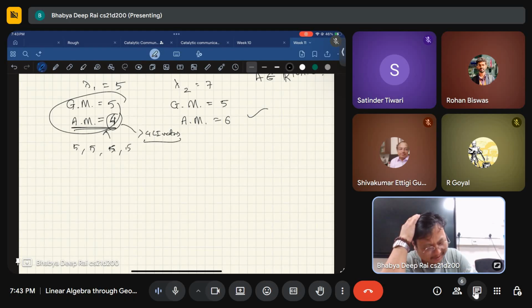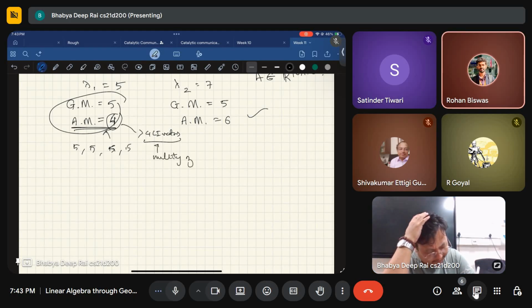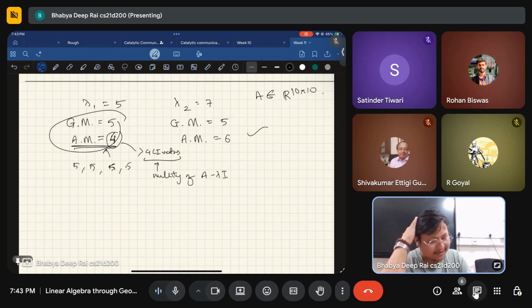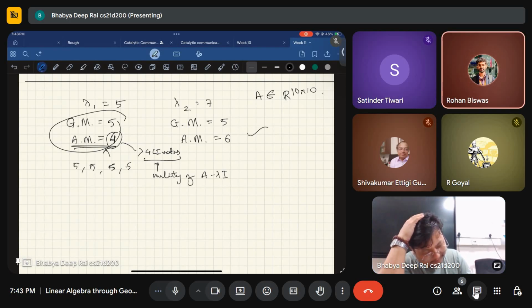But this is nothing but the nullity of A minus lambda I, and so the rank of A minus lambda I will be at most 10. Furthermore, not at most 10. Okay, there should be a bound, no?